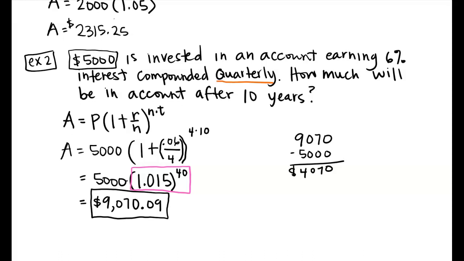Other questions? Things I can explain on that? Some of you came up with $907.01. How did you get that? I put in 500 instead of 5,000.